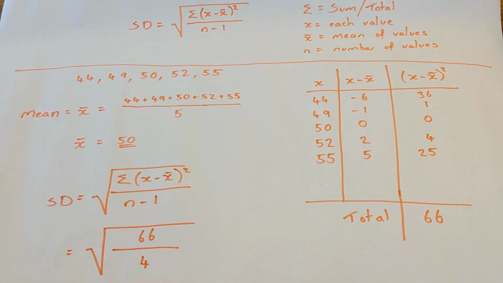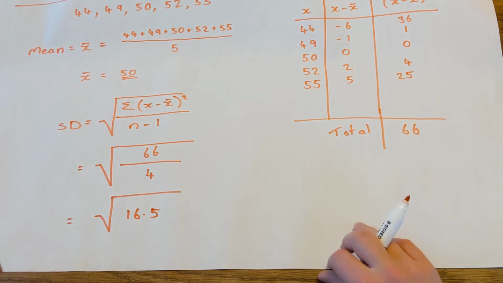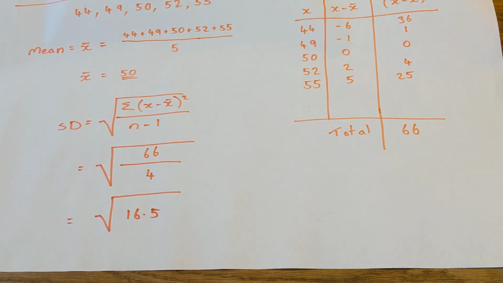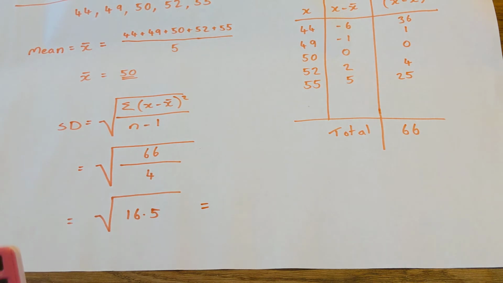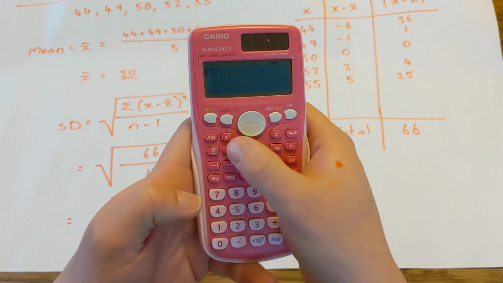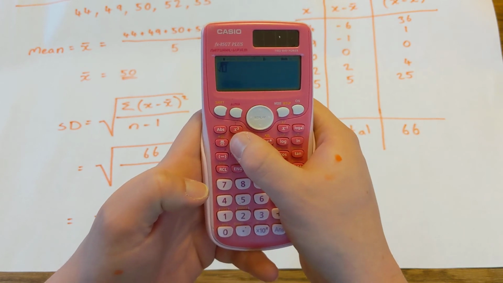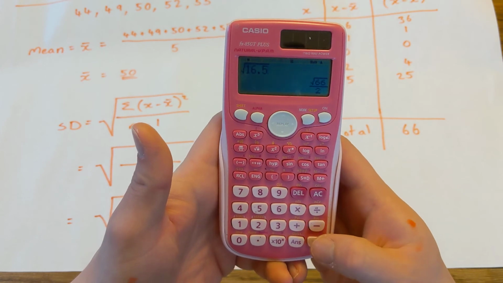Now you will normally end up with a decimal here, but don't worry about that. 16.5. Last step, do this on your calculator. So if you can't remember how to do this on your calculator, you're just going to press this square root button here. Then you're going to type in 16.5, press equals.